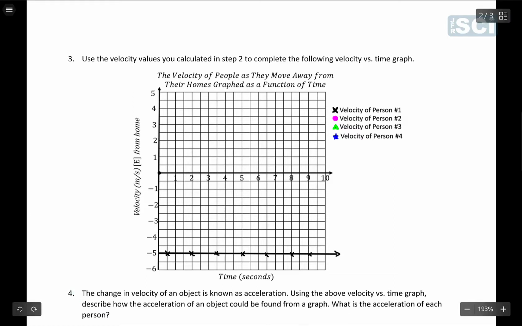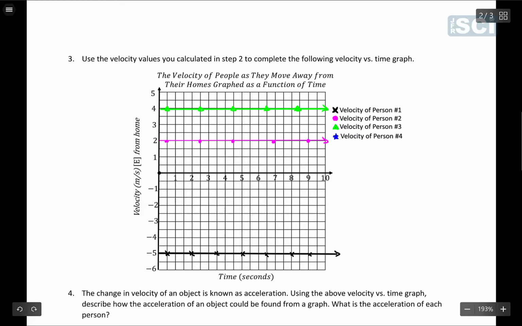Person 2 had a value of 2 meters a second east, so theirs is going to be straight across at the 2 meters per second east mark, and they can have dots. Because it's not changing, I'm just simply putting dots down at random locations across my line. Person 3 had a value of 4 meters a second east, and so their velocity graph looks like this. We can put down triangles to represent this person and their velocities.